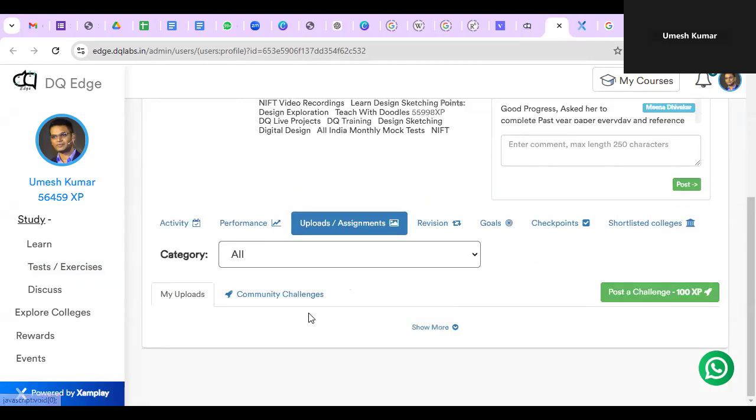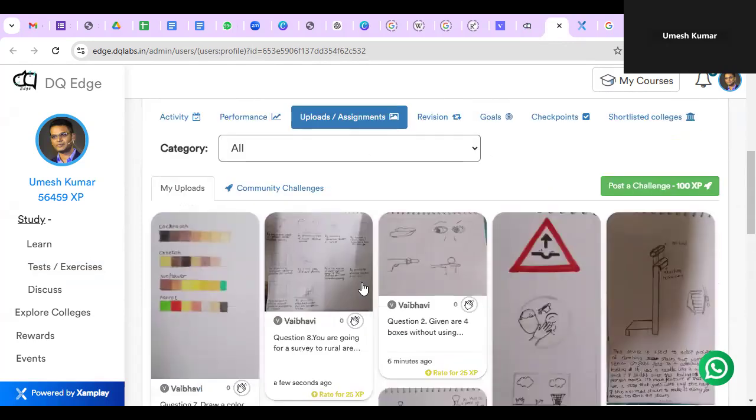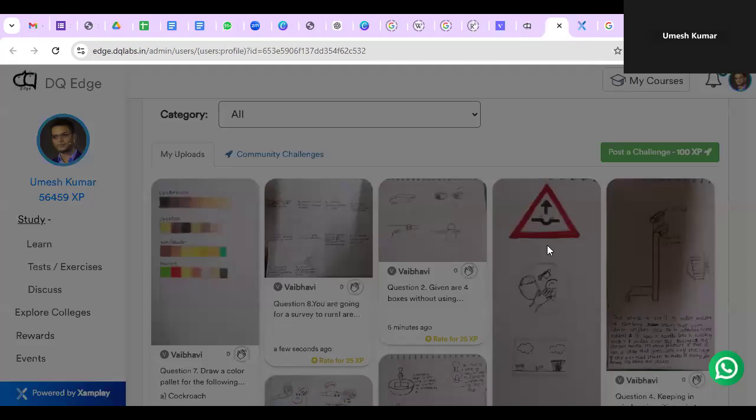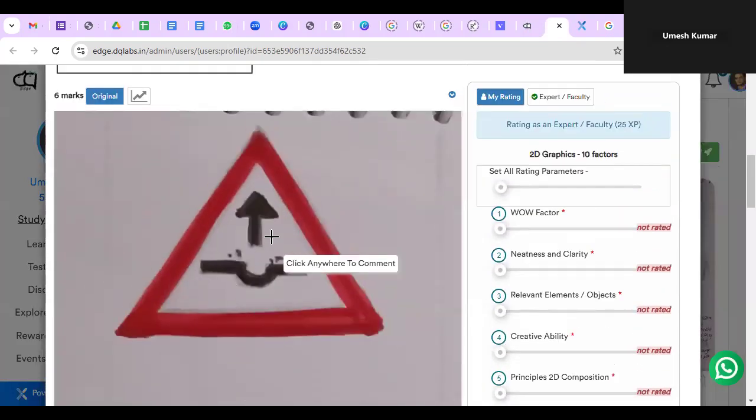Where were we? Okay, this is a little difficult to interpret.